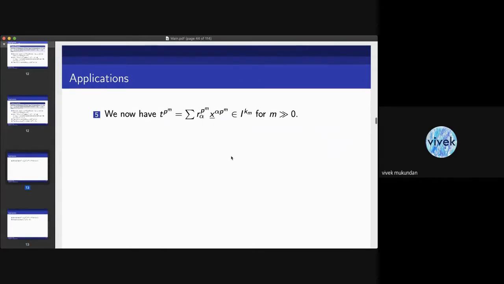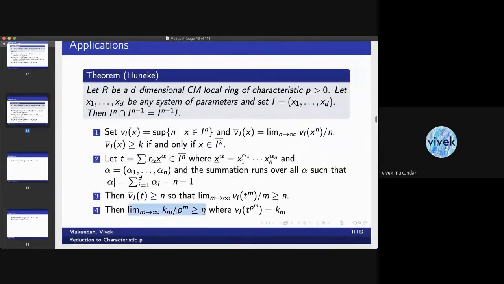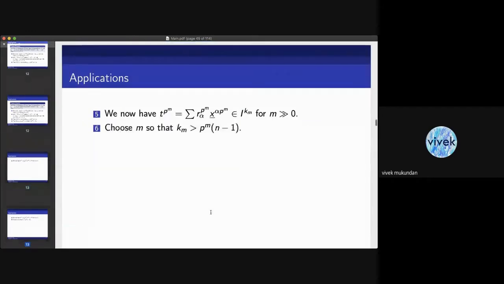That can also be achieved because of this inequality. Now, you can see that I^(k_m) is actually generated by monomials in x_1 up to x_n of power k_m. But if you look at alpha times p^m, it has degree exactly p^m times (n-1). So there are some coefficients which are left out when you write this guy as a linear combination of the generators of I^(k_m).